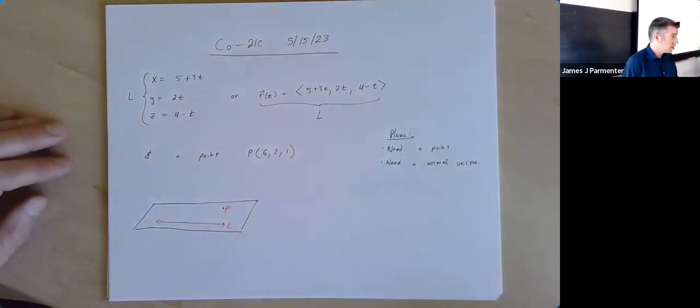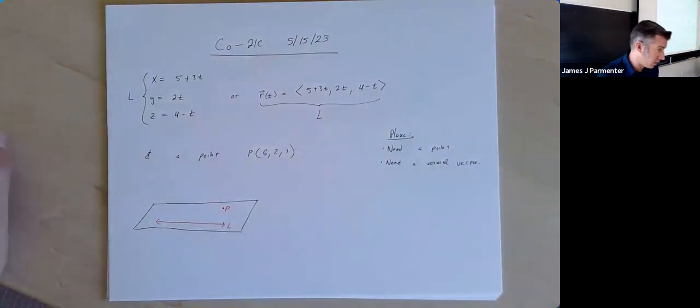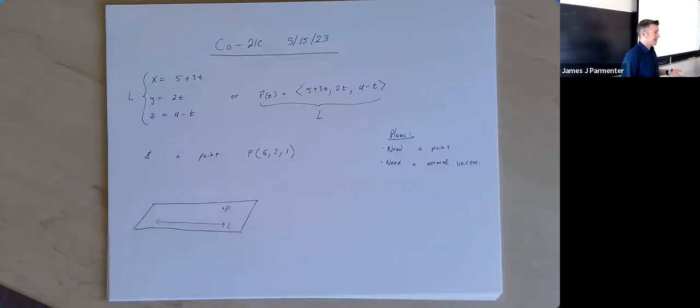A perpendicular vector to the plane, right? So we need the vector that is perpendicular to the plane whose equation we don't know yet. When you really get down to it, that's what you need to find the equation of a plane: some point in the plane, and the vector that is perpendicular to it. Technically there's two directions, but really just one.